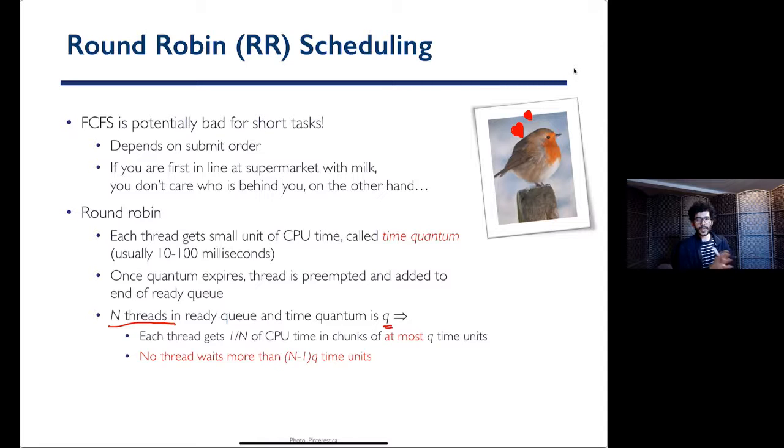Worst case scenario, you're the last task in the queue, in which case you have to wait for the n-1 tasks before you to run for a maximum of one time quantum each, and then you start running. One thing to note is that in this calculation, I have assumed that the context switching time is 0.